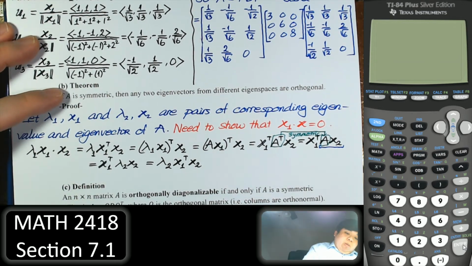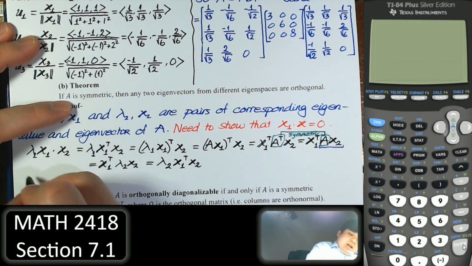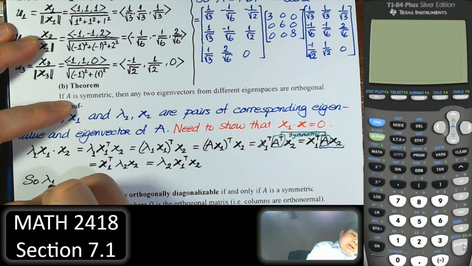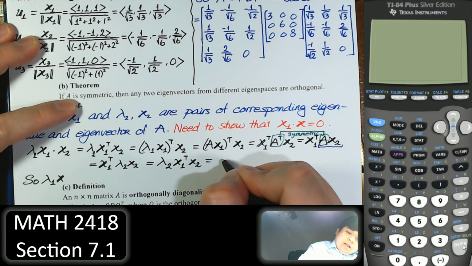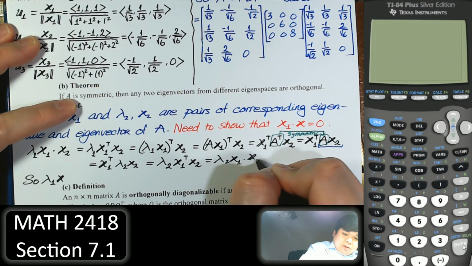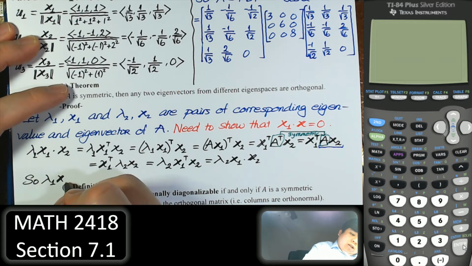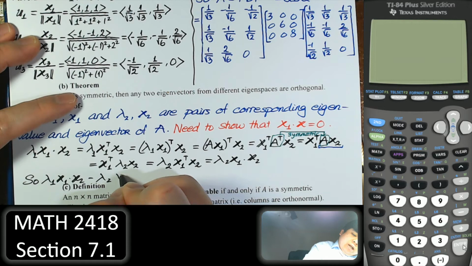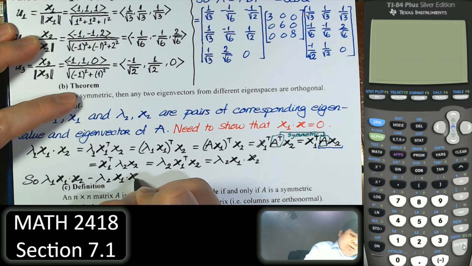If we move both of them on the other side, so we have lambda 1 x1 dot x2 equal to lambda 2 x1 dot x2. So lambda 1 x1 dot x2 subtract lambda 2 x1 dot x2.